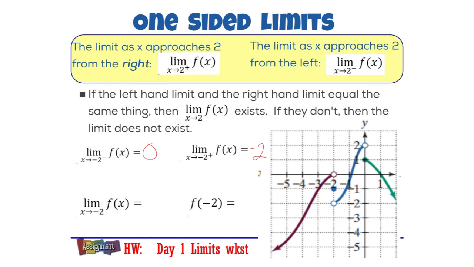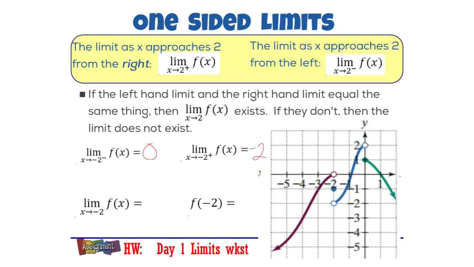Okay, let's try this one. Let's find the limit as x approaches -2. Now, this one is not a one-sided limit. This is saying, hey, you're coming in from both sides. You're coming in from the left. You're coming in from the right. Unfortunately, you are approaching different values as you come in from the left and from the right, and that is not allowed.